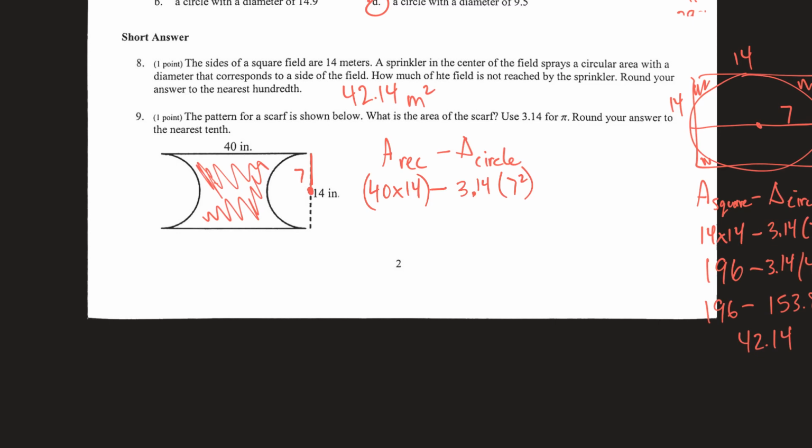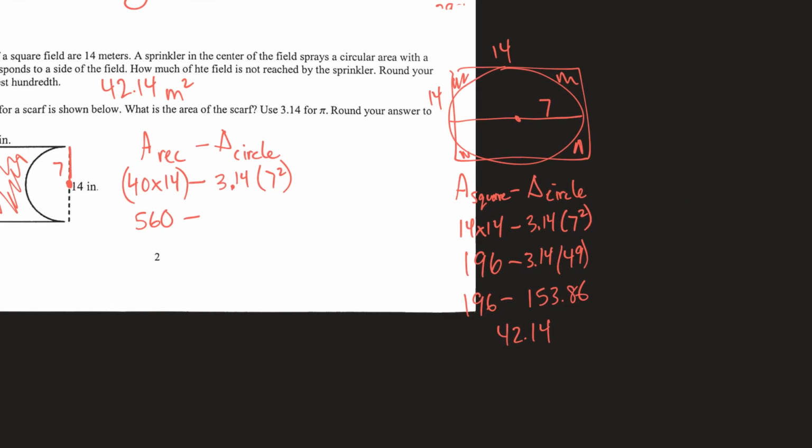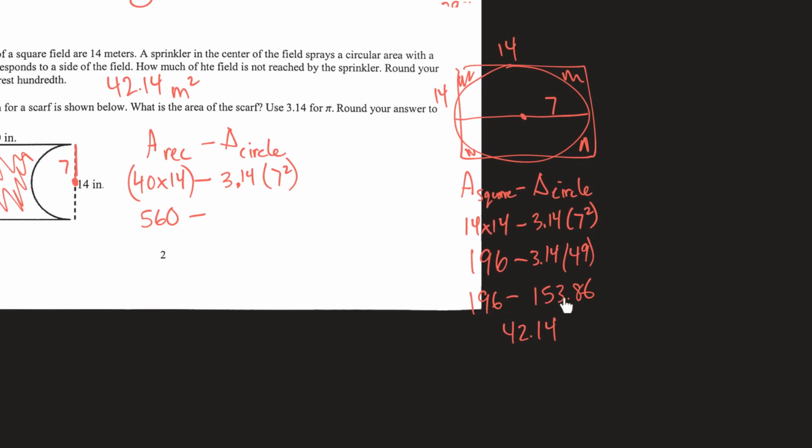So I have 40 times 14. So this is 560 for the area of the rectangle. Minus, and I could use my previous problem here, 153.86 was the area of a circle with a radius of 7.